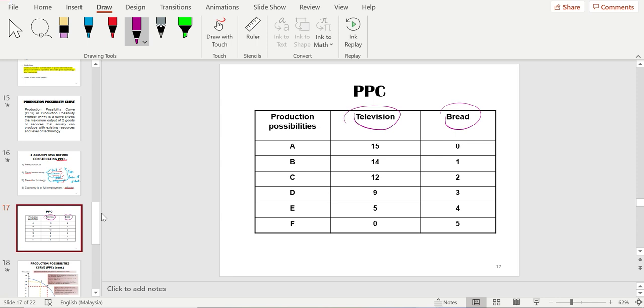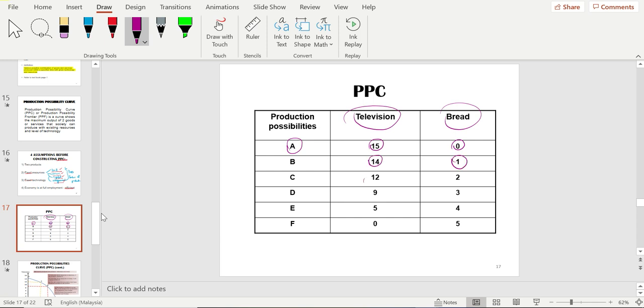So they have several production possibility, meaning that combination of goods yang dia boleh hasilkan using the existing resources yang ada dalam negara tersebut. For example, if they opted to produce at point A, they are producing 15 TV, but they are not producing bread, zero bread. This is the combination, the most efficient combination at A, meaning that apa yang dia boleh hasilkan masa dekat point A. And then going for B, they are producing 14 TV and 1 bread.